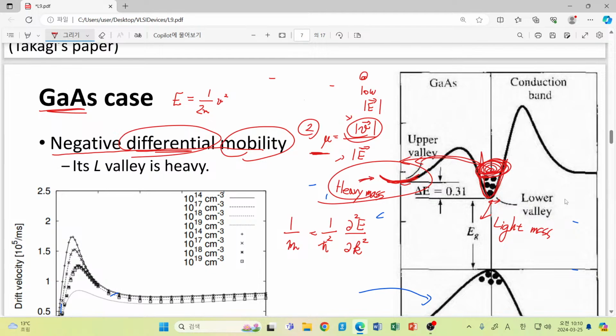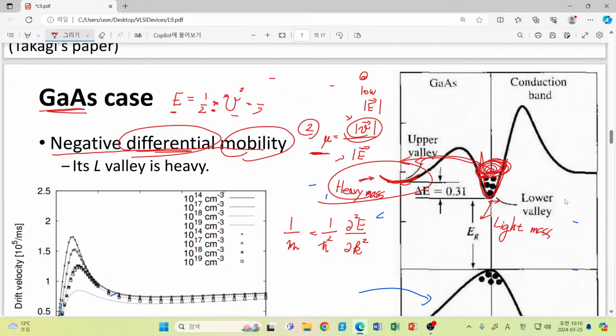Oh, sorry about that. This is not the case. Energy is given by half of m times velocity squared. So if we have a small, light mass, then velocity should be large to have a certain energy.